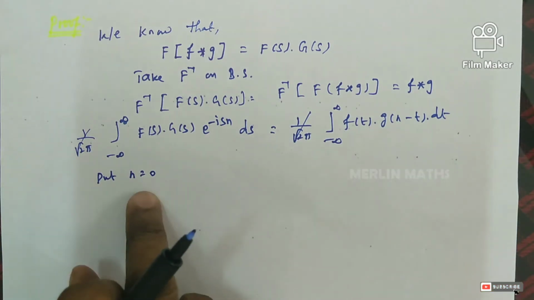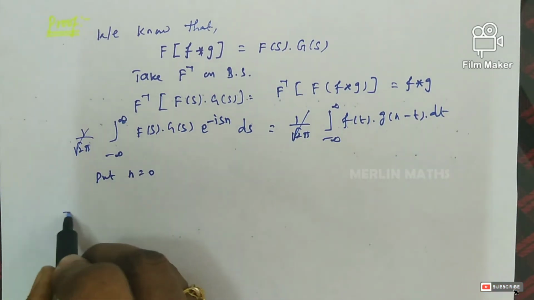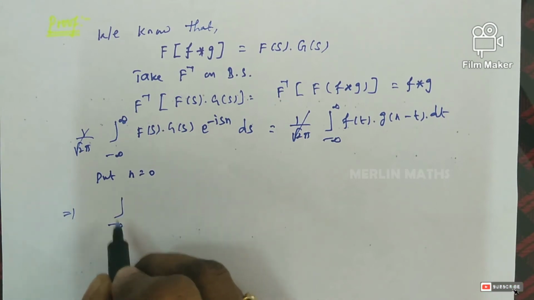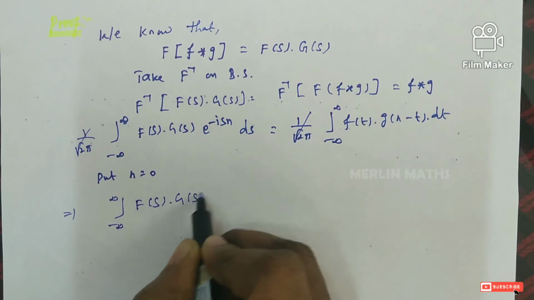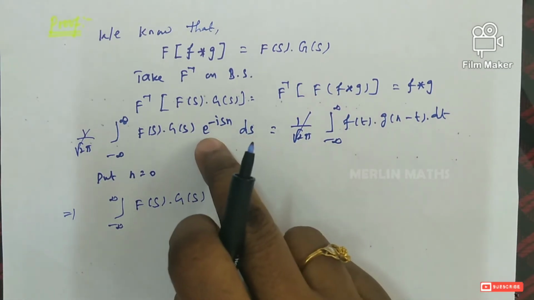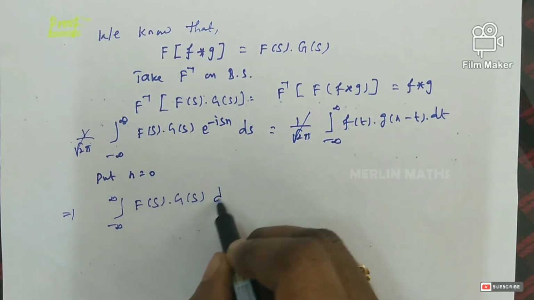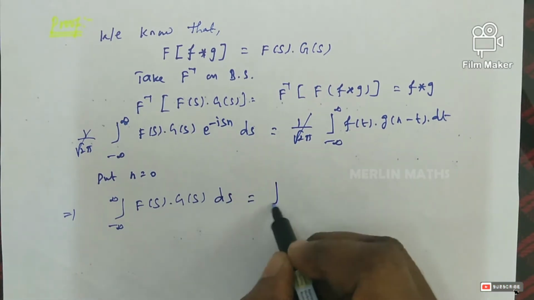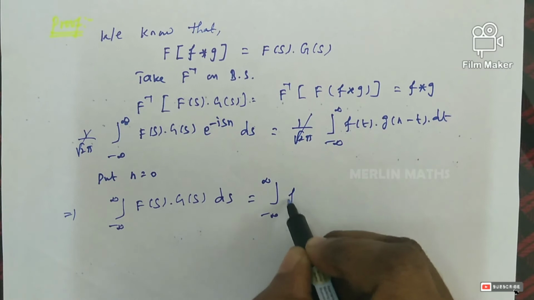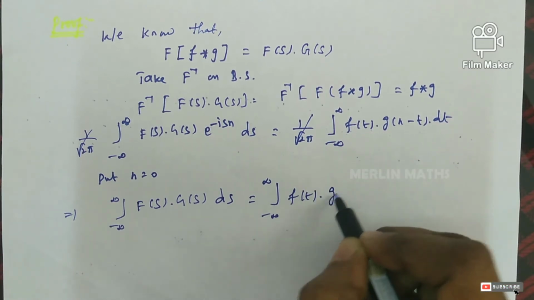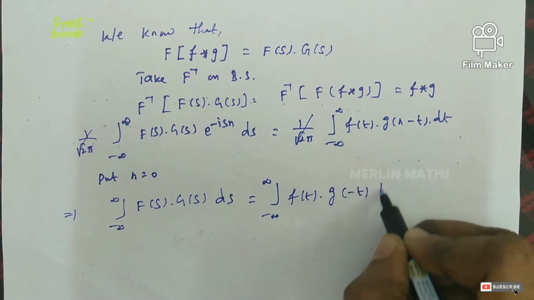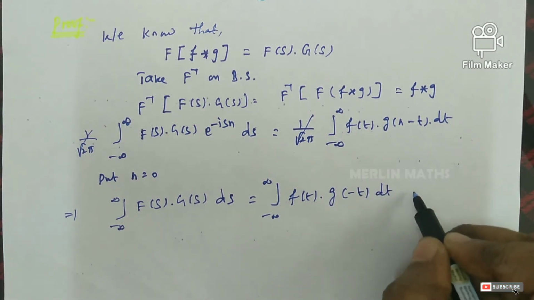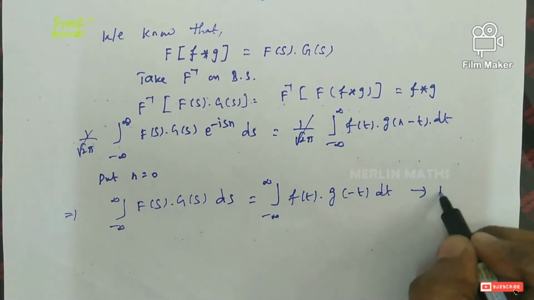So when substituting x equal to 0, the equation becomes integral from minus infinity to plus infinity of F(s) into G(s), because e power 0 becomes 1, ds equals integral from minus infinity to plus infinity of f(t) into g(minus t) dt. We will call this equation 1.